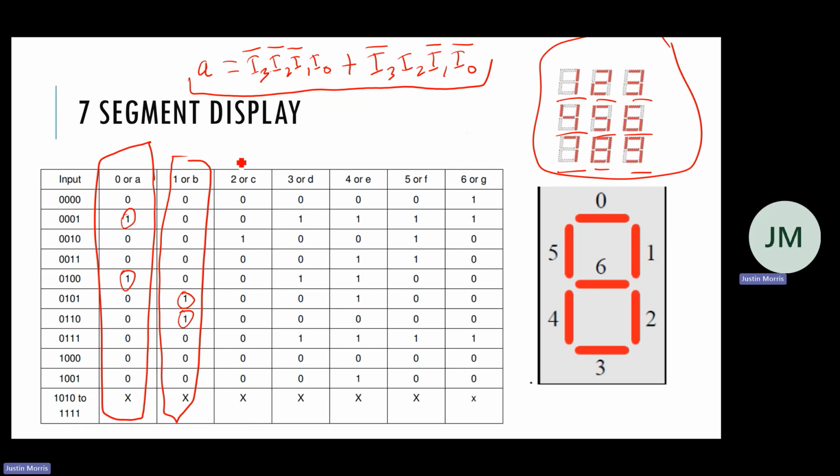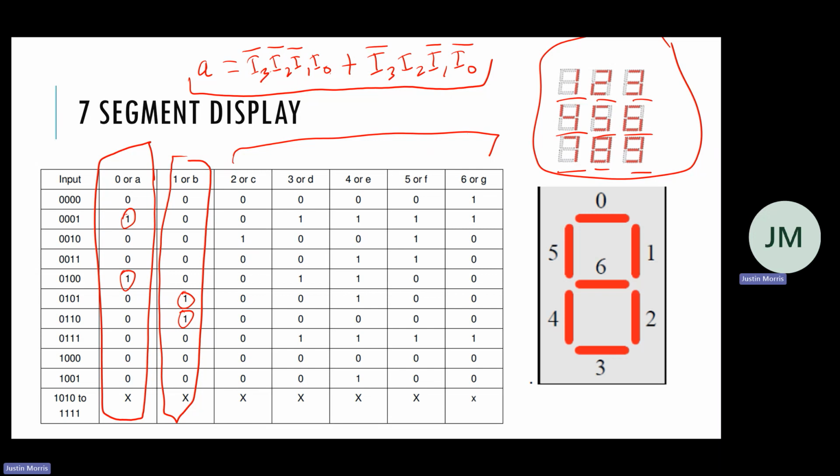And then you can do the same for the rest of these segments, right? So that is part of what you need to do for the lab. And we have time. So what I want you to do is write out the equations for this.